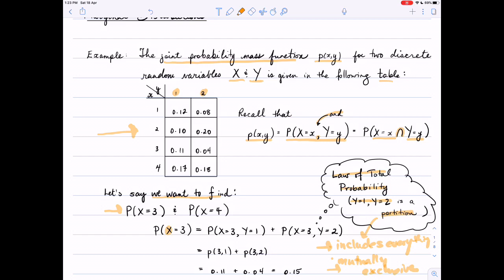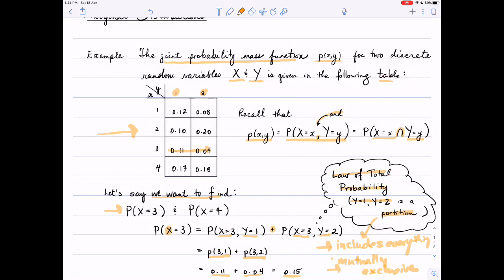And so what we do is we take the value X is equal to 3 and Y equals 1 and add to it when X equals 3 and Y equals 2. That's the law of total probability from your previous probability course. So that is just a matter of plugging in p of 3, 1 and p of 3, 2. Reading those directly off the table, that's 0.01 plus 0.04 right here, and that gives me 0.15.